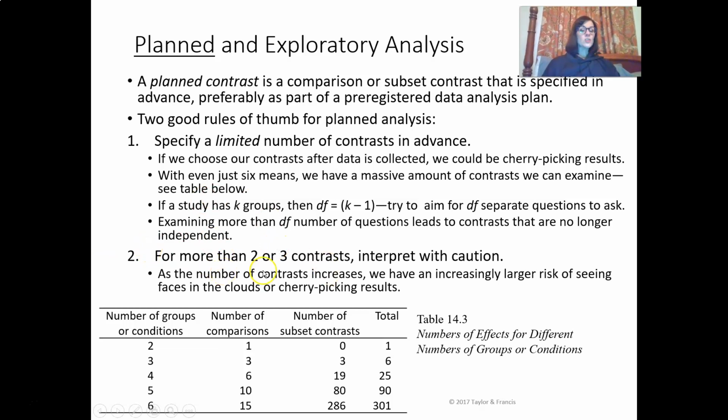So for more than 2 or 3 contrasts, interpret with caution. As you increase the number of contrasts, you have a greater likelihood of type 1 error. Remember, it may be red. We have an increasingly larger risk of cherry picking our results or seeing faces in the clouds. So make sure that you specify what you want to do ahead of time.